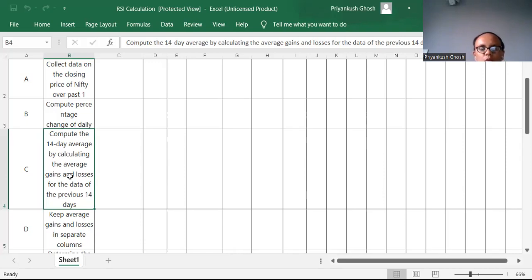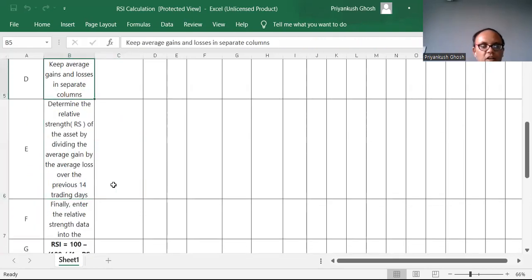I will calculate the average gain of the 7 days and the average loss of the 7 days, and keep them in separate columns in the Excel, as I will show you as we come down here. Then determine the relative strength of the asset, here Nifty, by dividing average gain by average loss over the previous 14 days.